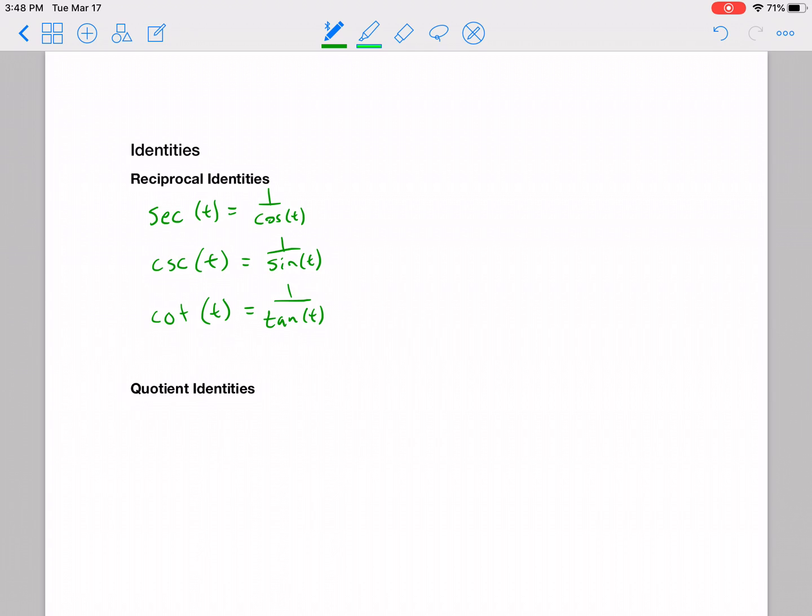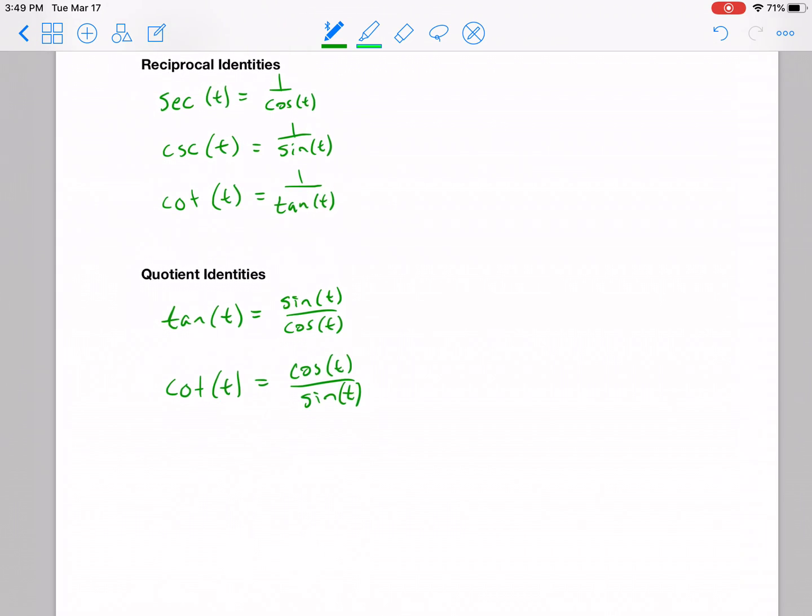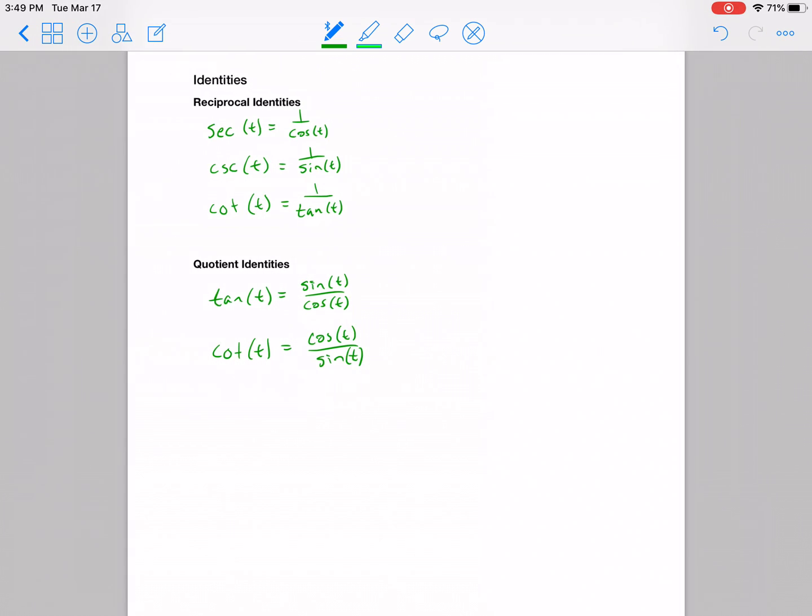Some more, just so you have them more concisely here. We have tangent of t is sine of t over cosine of t, and cotangent of t is cosine of t over sine of t. All right, so we did those on the previous page, but you've got to make sure you know these as well. So I'm taking time to write them here extra.